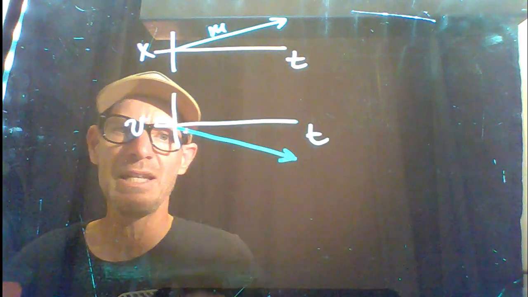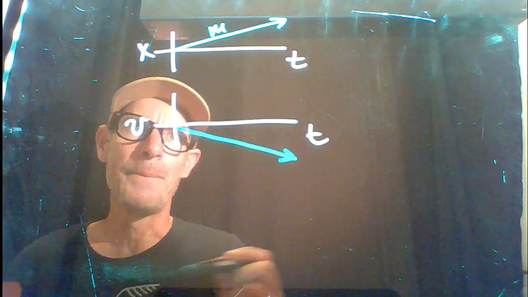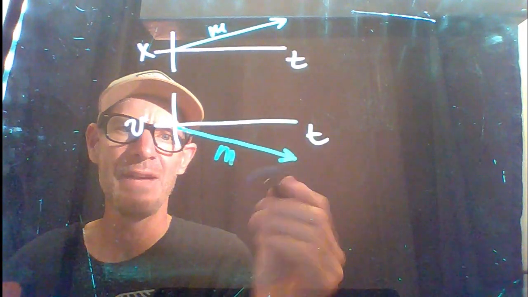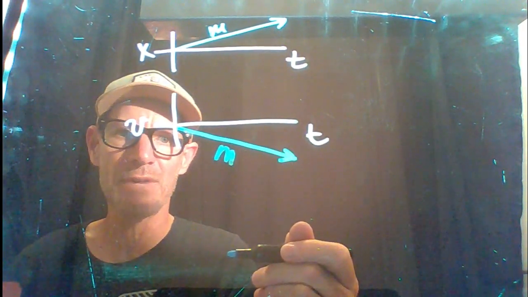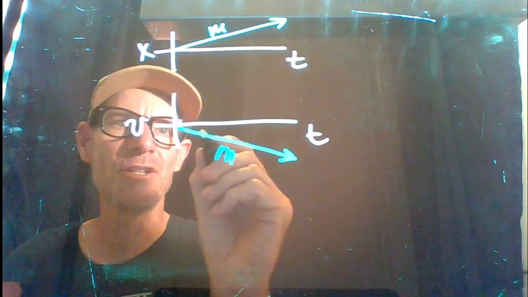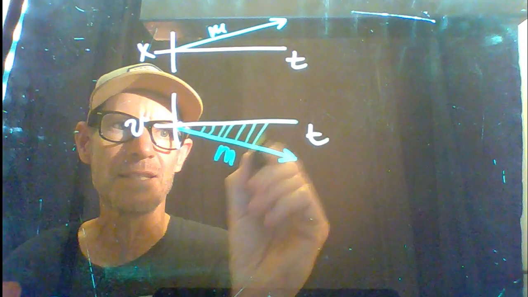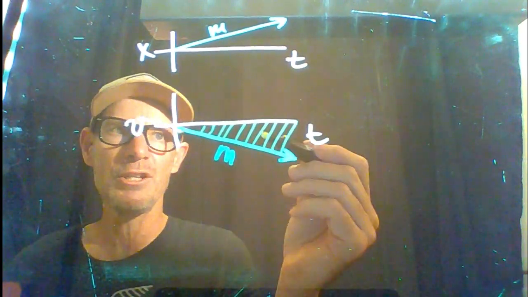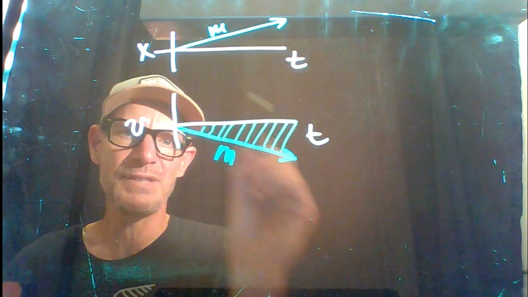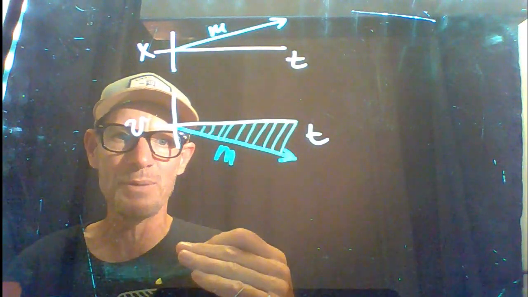All of that information is on the velocity graph. But if you find the slope of the velocity graph, it will tell you the acceleration. And if you find the area underneath the curve in the velocity graph, that will tell you the change in position.